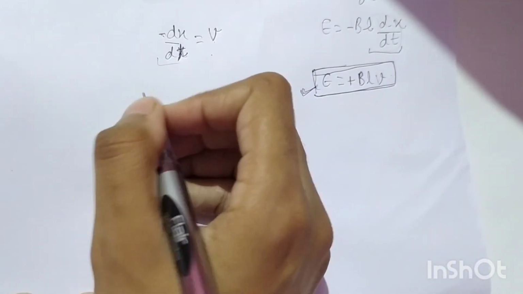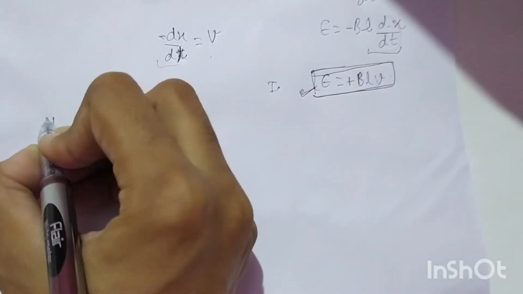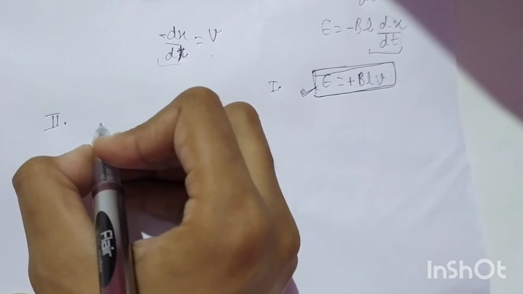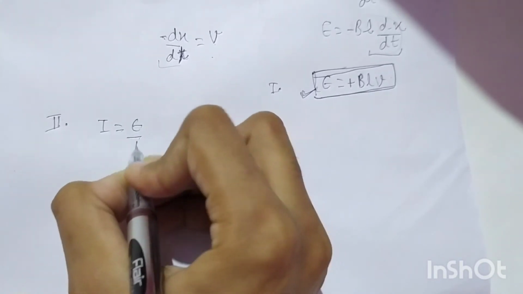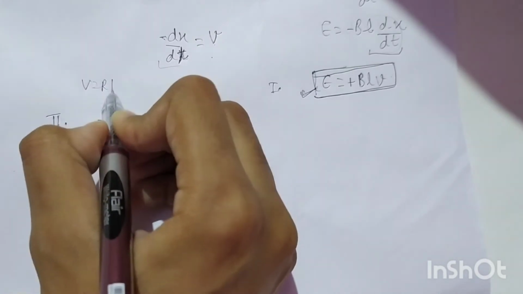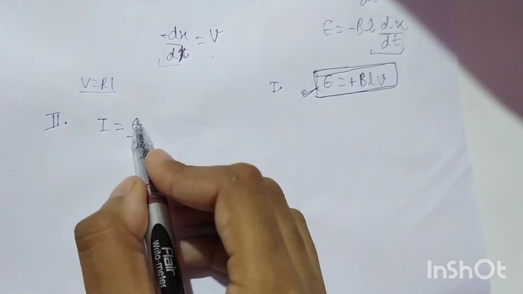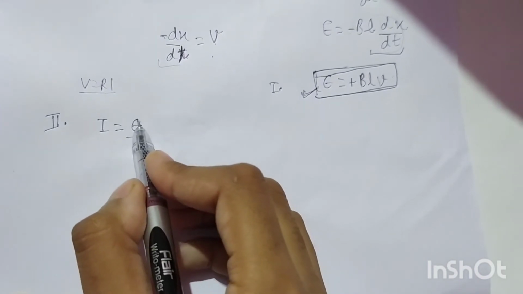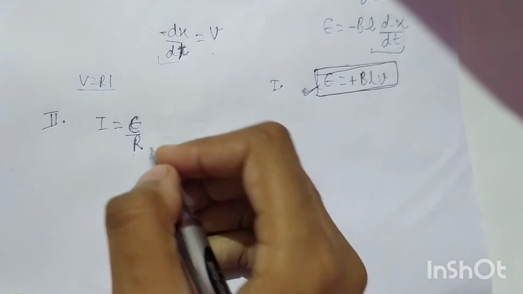Now if we have EMF, we must also have some current induced in the circuit. So how will we find the current induced in the circuit? As I is equal to E divided by R, since we already know that V is equal to IR. So we can find the value of current as E divided by R, that is the induced EMF, or the potential difference developed across this P and Q arm.